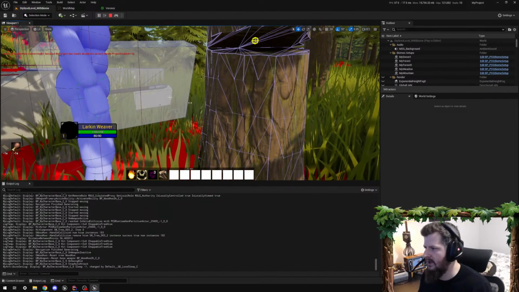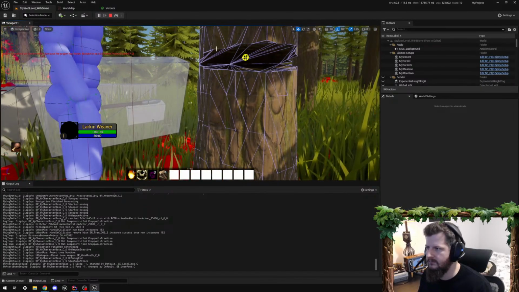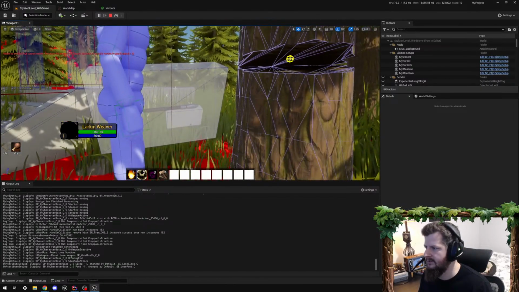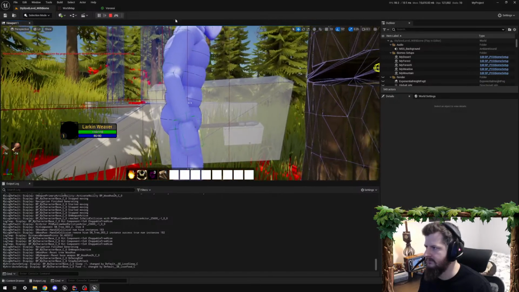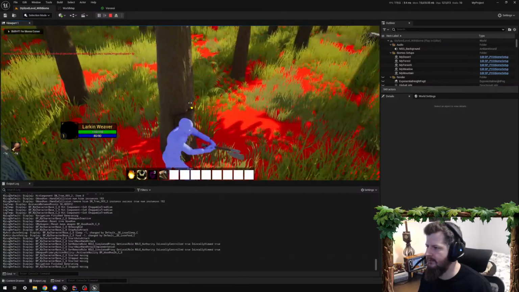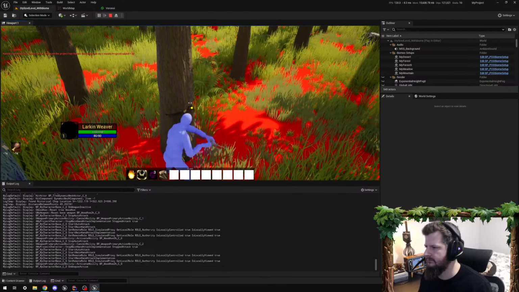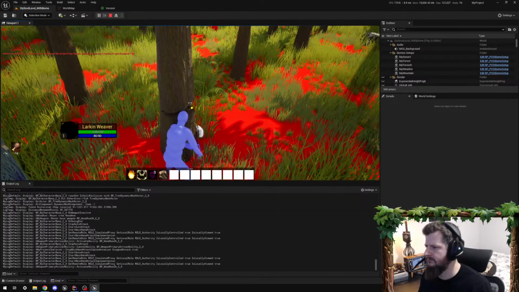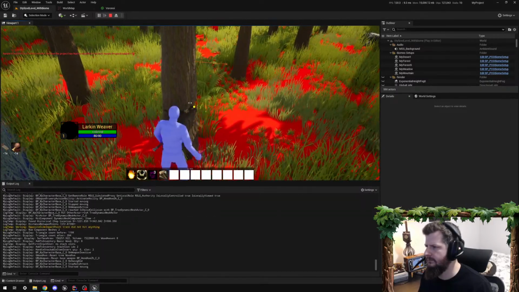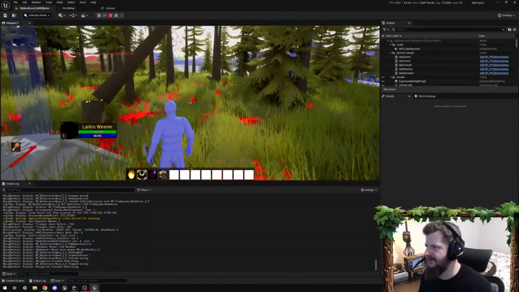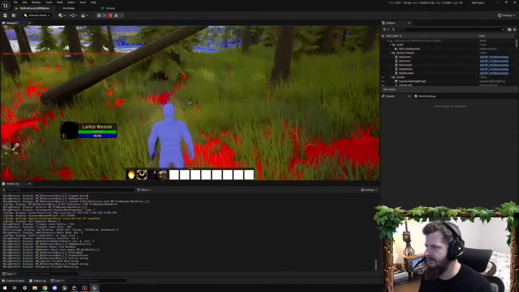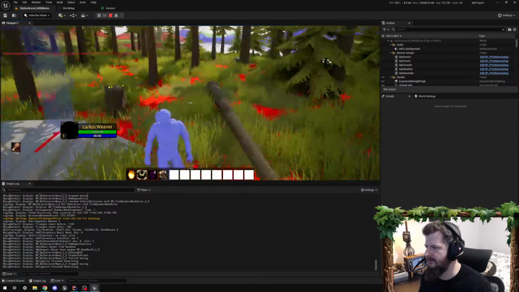Whenever this smaller triangle comes in contact with the tree, I subtract this larger triangle from it. And if I chop a few more times, it'll fall over. Boom, there it goes. Now the physics are perfect, so don't question that.